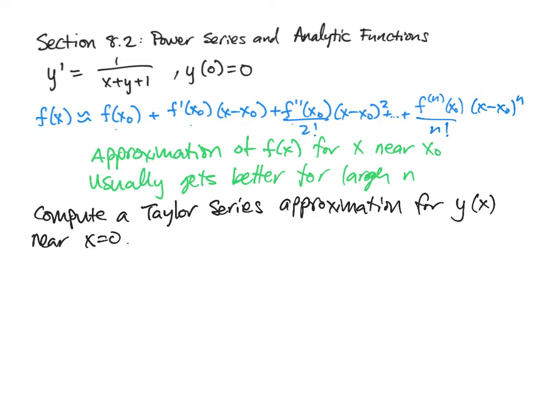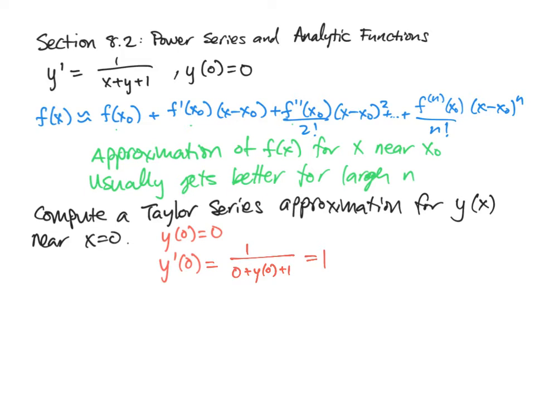Okay, so we already know that, let's say, y of 0 equals 0. And then y prime of 0, well, we can just plug in. So that's going to be 1 over 0 plus y of 0 plus 1. y of 0 equals 0, so this equals 1.